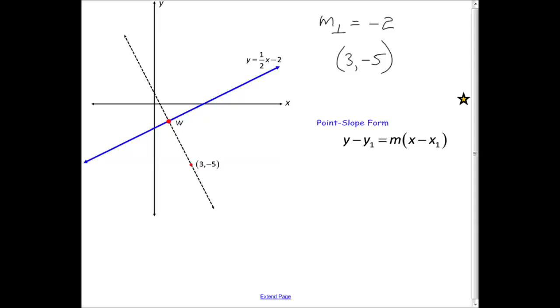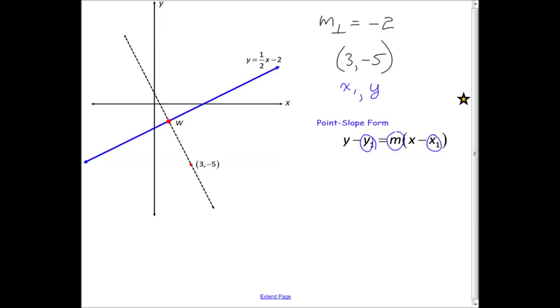Using that form, all I have to do is plug in. Notice that in this form, there is no x2, y2. There's only one point involved. There's one point and a slope, and that's exactly what we have.